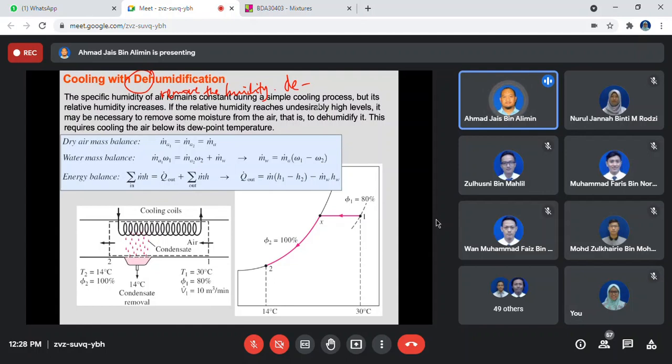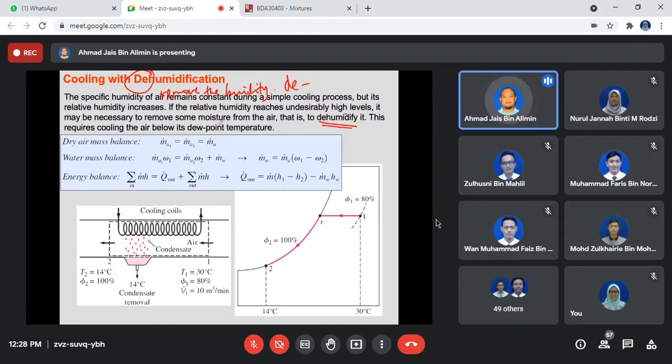So relative humidity increases, so you move to the left. If the relative humidity reaches an undesirable high level, it may be necessary to remove some moisture from the air. Which means that you want to dehumidify, you want to remove the moisture content. So this requires cooling the air below its dew point temperature.